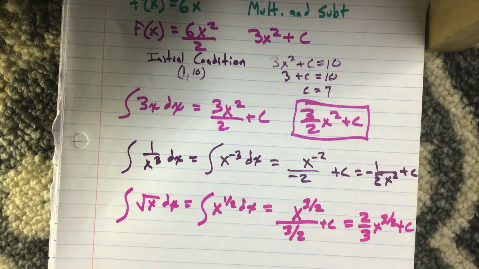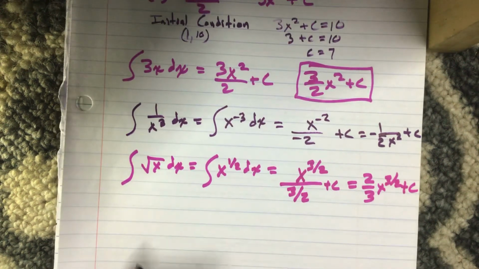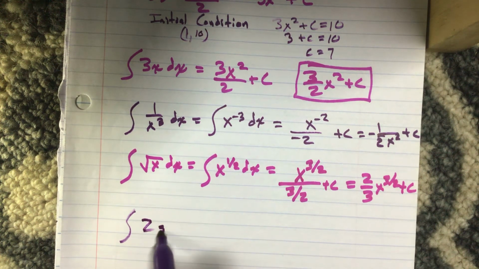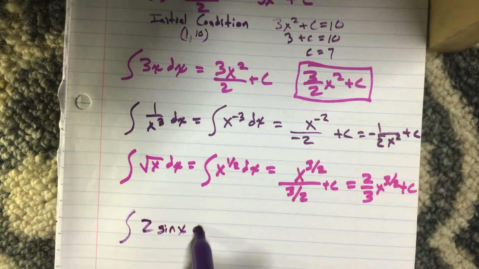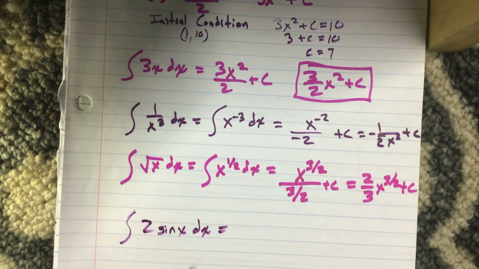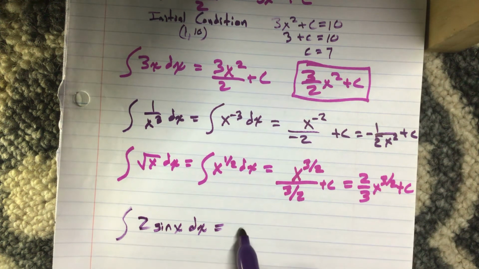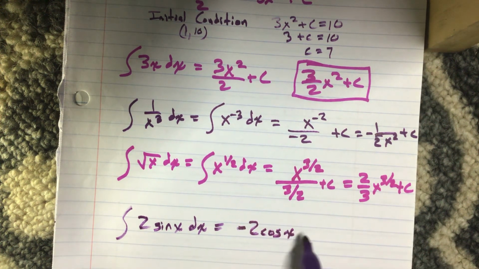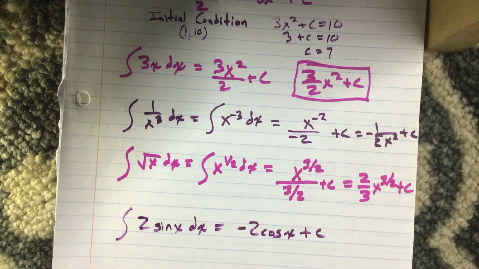And I'll do one more just so you can see a trig function. I'm going to probably stick with just sine and cosine for now. So we know that the derivative of the sine is the cosine, and the derivative of the cosine is the negative sine. And we want to go back to the original function, so the answer here would be negative cosine x plus c.